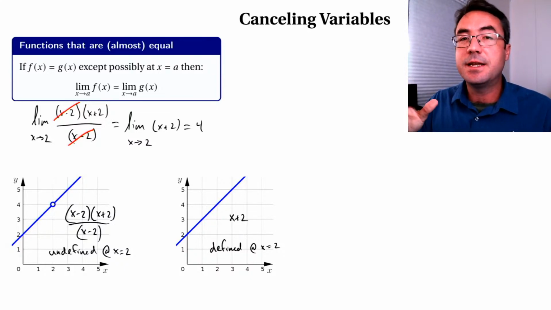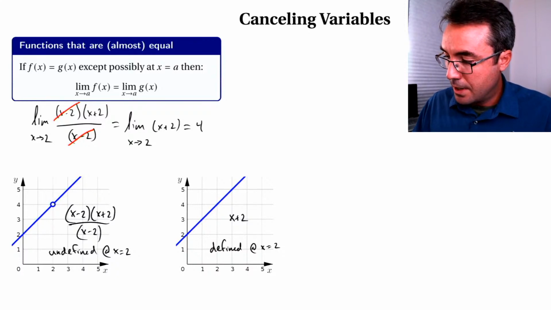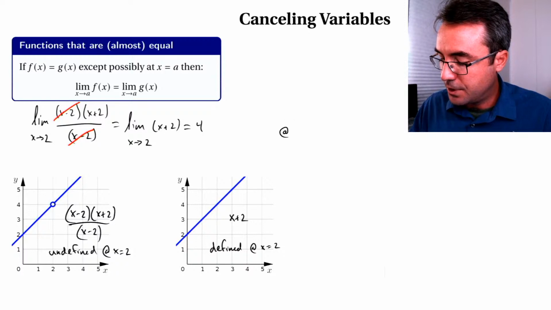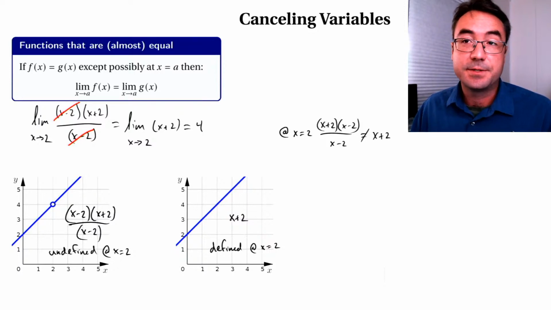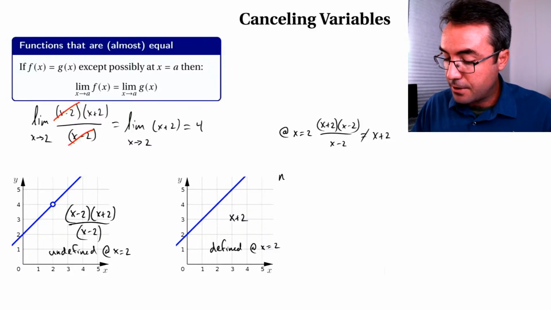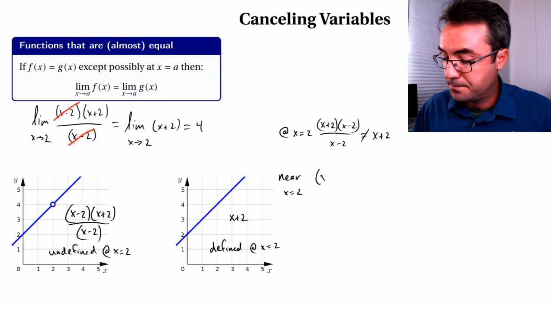And that's the difference. The one function is undefined at x equals 2, the other function is defined at x equals 2. But for limits, it doesn't really matter. If we're talking directly at x equals 2, these functions are very different. One of them is undefined, the other one isn't. If we're near x equals 2, then they are the same, and all is well.